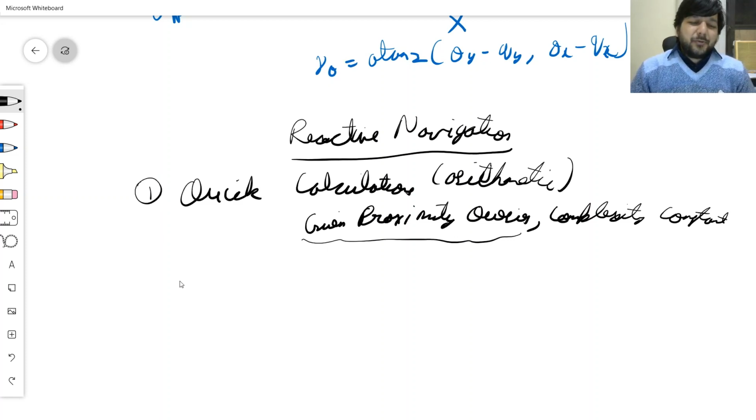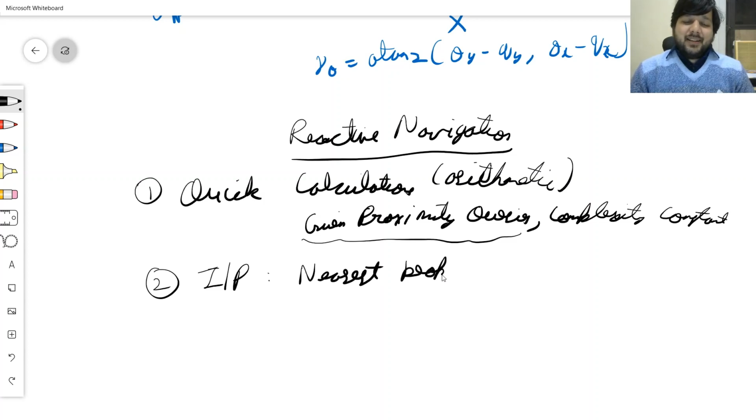So I wanted to do quick computations. My inputs were the nearest people, agents, obstacles, typically just 3 to 5.